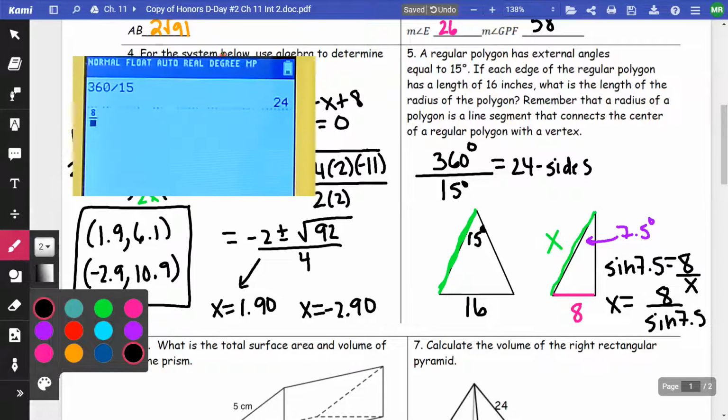So 8 divided by sine of 7.5, I end up with that value being 61.29. That's what the radius is.